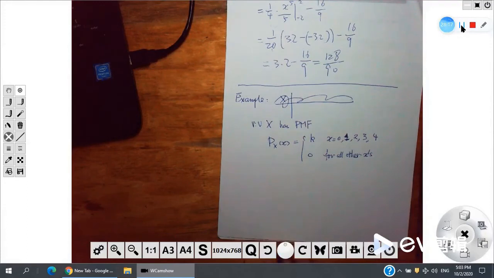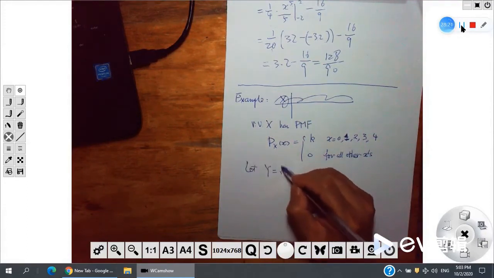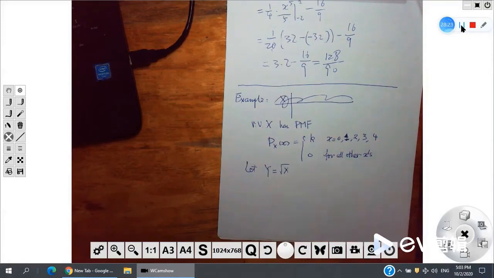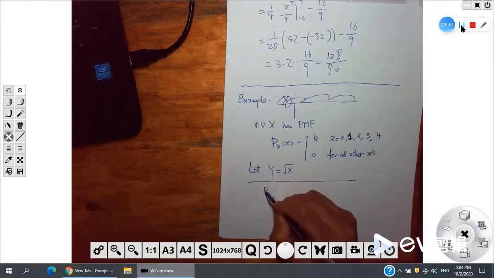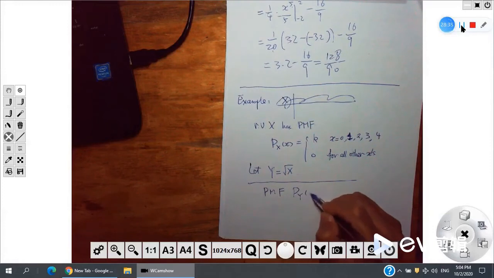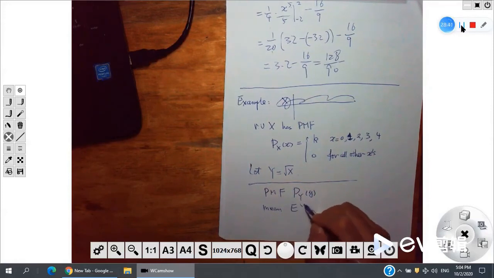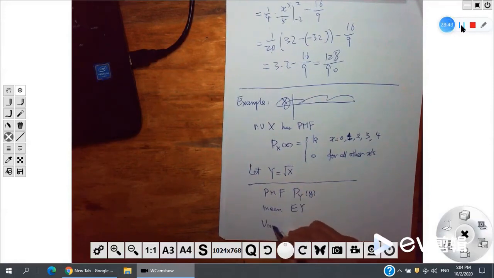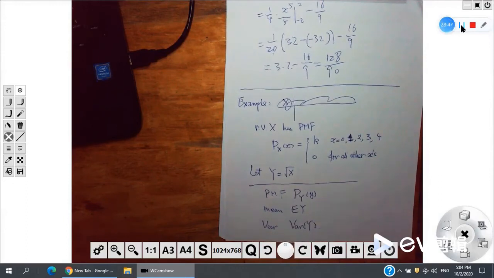And let y equal to square root of x. Then we want to know several things: the PMF py of y, the mean E of y, and the variance of y. We want these three.